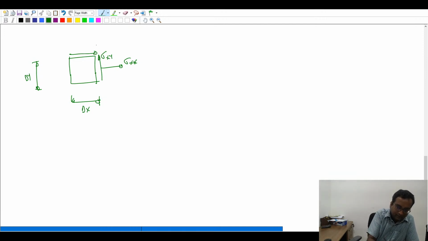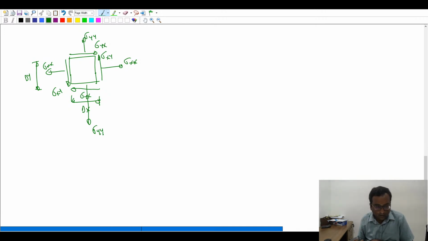This will be sigma yx component of the stress. This will be sigma xy. This is the negative direction because it is in the negative normal. Similarly, this is in the negative direction because it's in the negative normal. Sigma xx here, sigma yy there, and sigma yy here also.